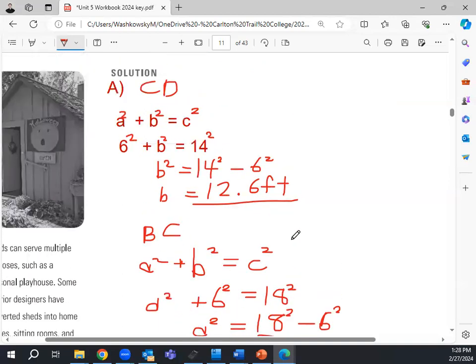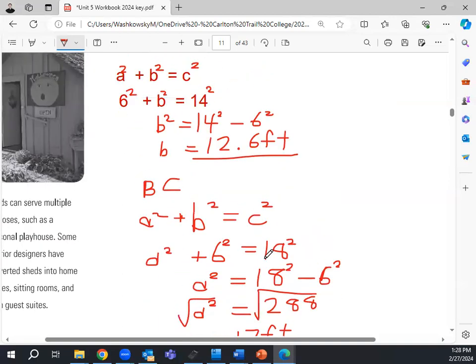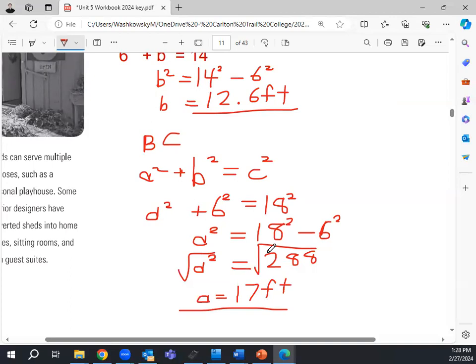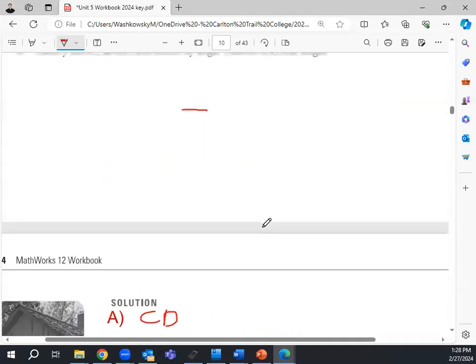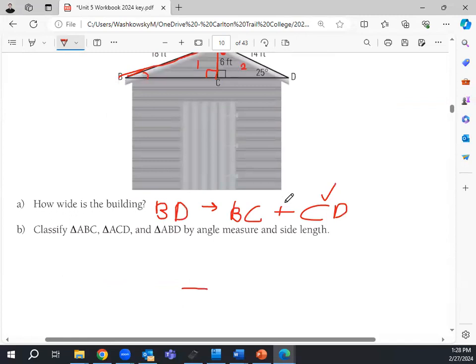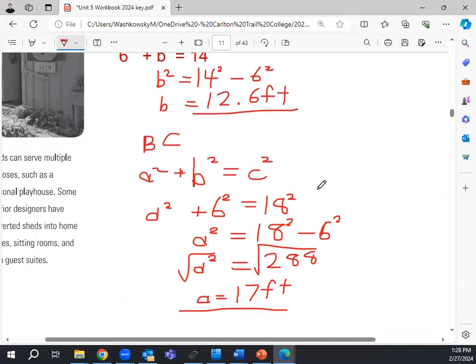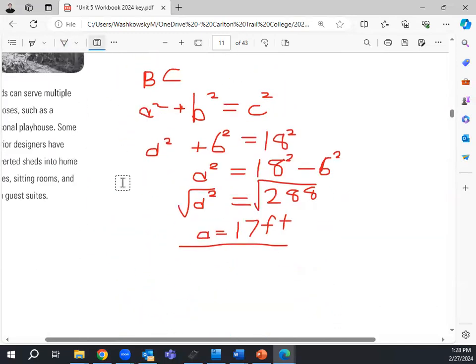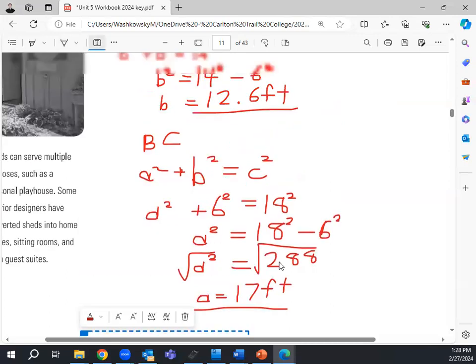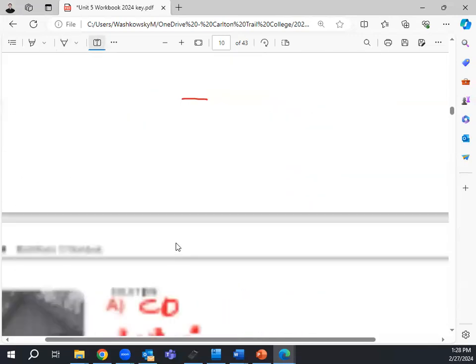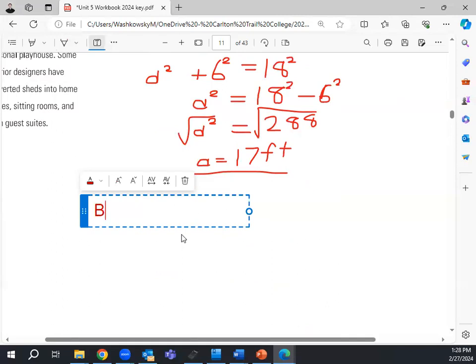That's right. This is why I really like putting in exactly how to solve it, and you can always go back up and ask, do I have all the pieces of my puzzle? Now you do, so now you can combine them. We're ultimately trying to find BD, which is just equal to CD plus BC.